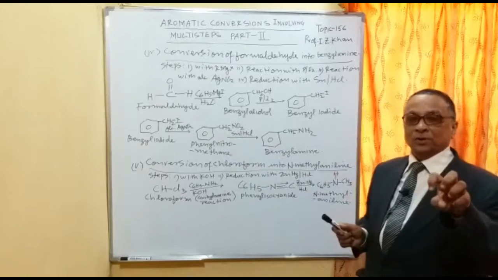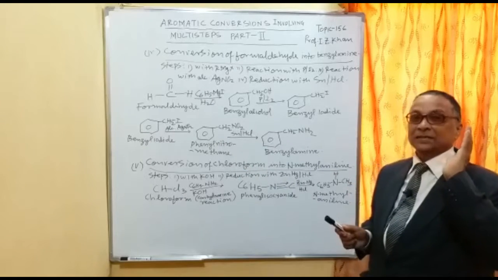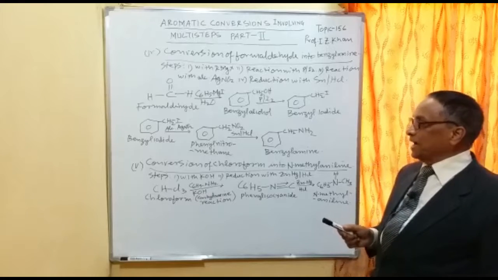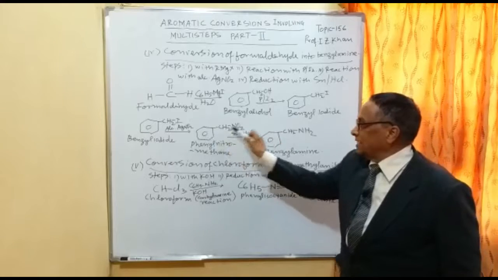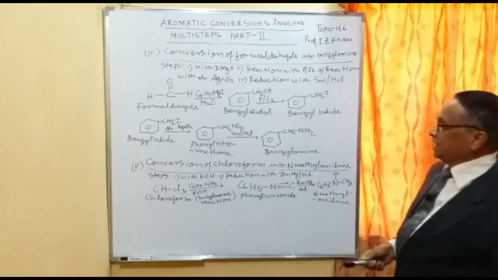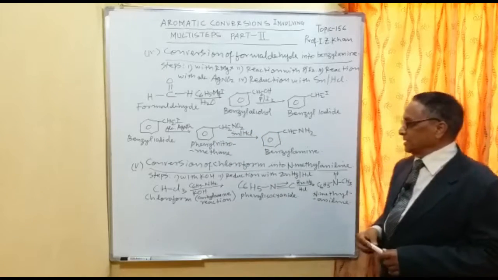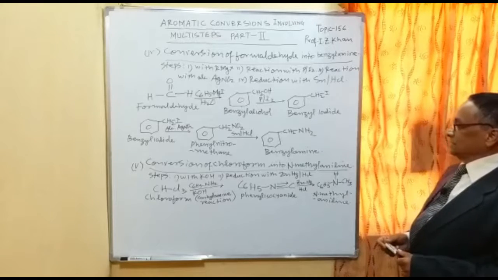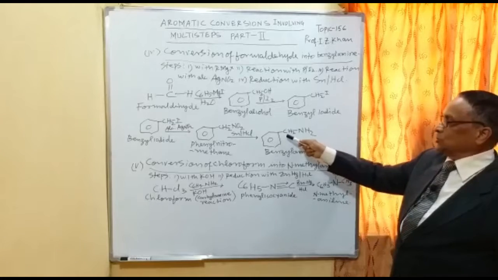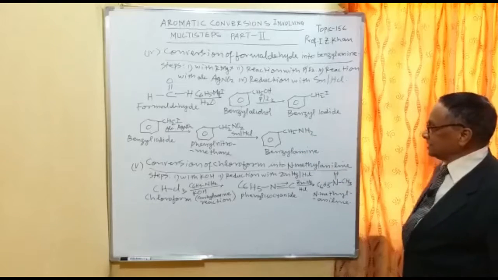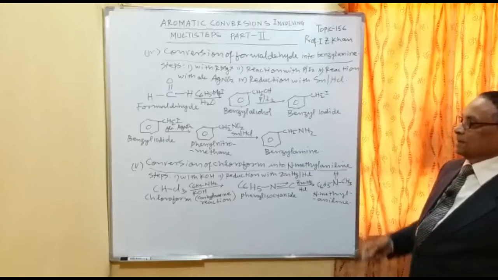So it is your phenyl, with the nitro group attached to methane, so phenyl nitromethane. And then it is treated with Sn/HCl. You will get benzylamine, because the amino group is attached to the side chain carbon. That's why it is called benzylamine.